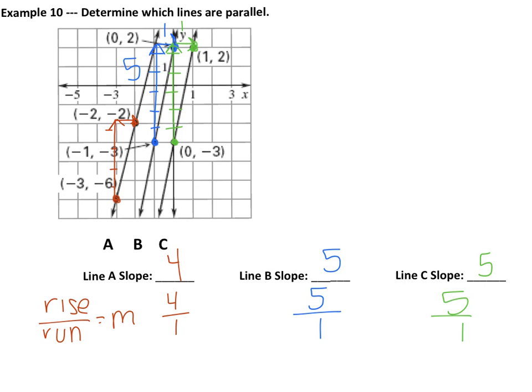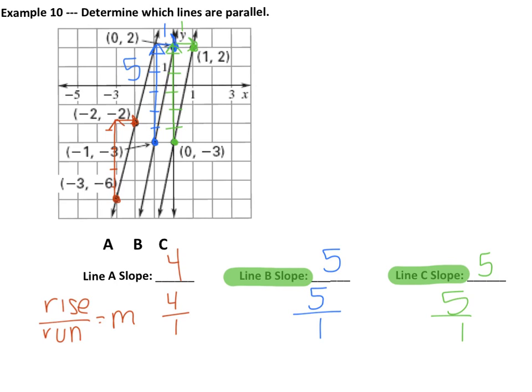So we know from Ms. Olson just now that parallel lines have the same slope. So if I'm going to identify my parallel lines, it would be line B and line C, because both of those slopes are 5. That means that they will never intersect. Once you have decided what is parallel, make sure that you write it as a statement.